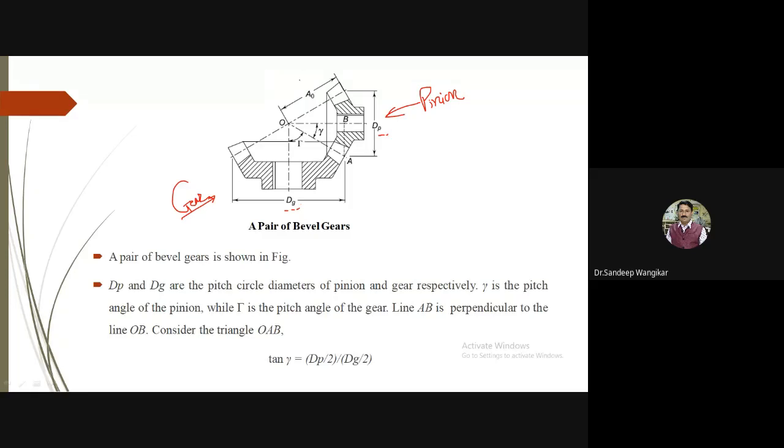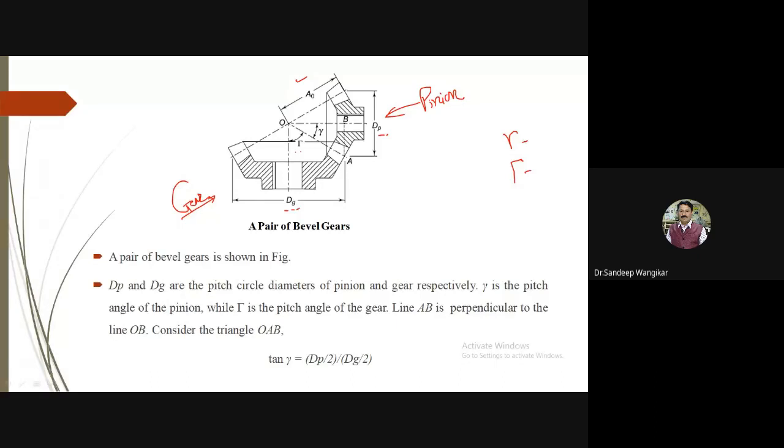A naught is shown as the cone distance. Now gamma is the pitch angle, and this is also gamma. This I will call the capital gamma, and the one we refer to in terminology is the smaller gamma. Both are gamma only.